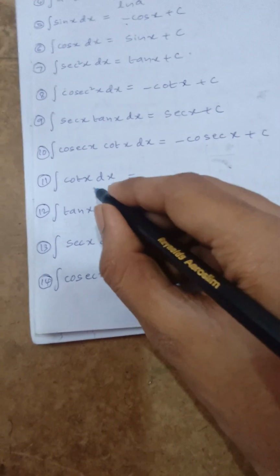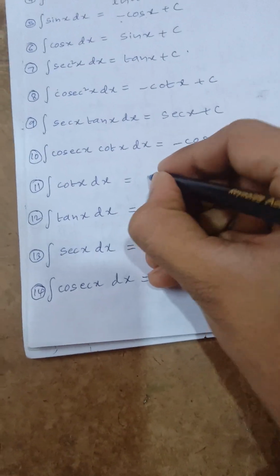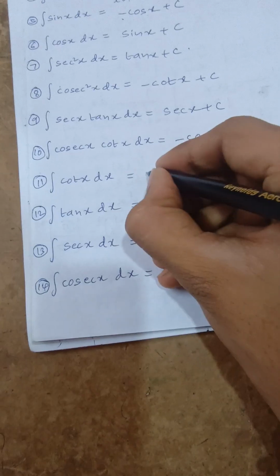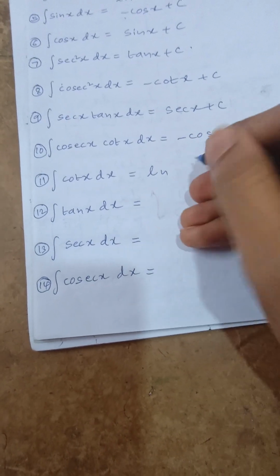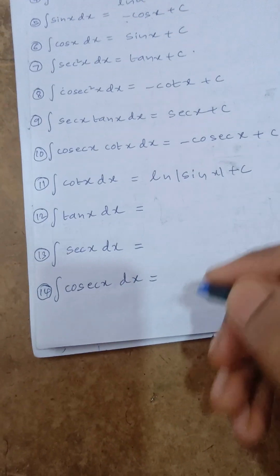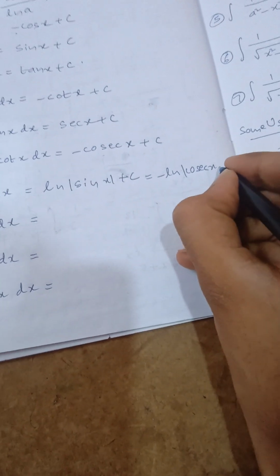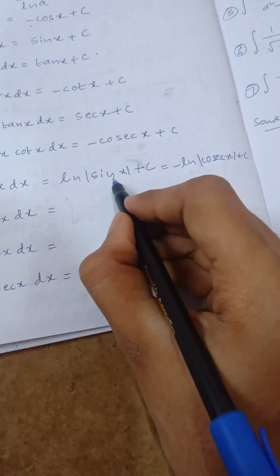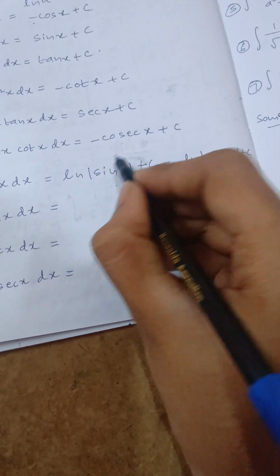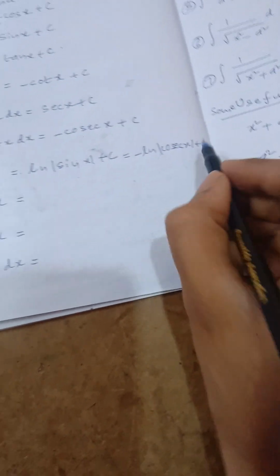Now coming to integration of cot x dx. It is ln mod sin x plus c. Otherwise we can write it as minus ln mod cosecant x plus c, because sin x is 1 by cosecant x, so cosecant x power minus 1, and we can bring the minus 1 to the front, so minus log mod cosecant x plus c.